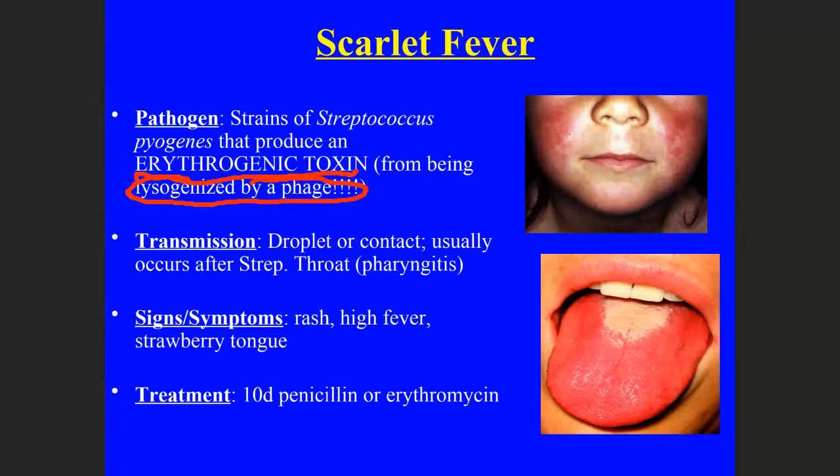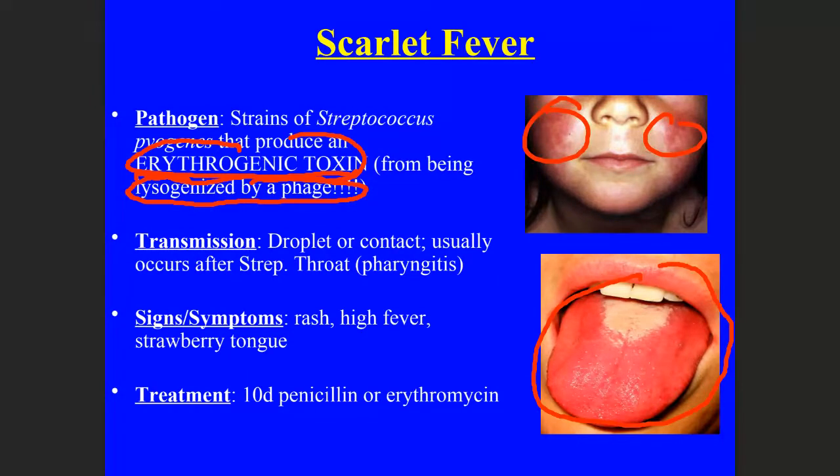Okay, it's still spread the same way through droplet transmission or fomites, and a lot of the initial symptoms are very similar. So coughing, fever, fatigue, pus pockets in the back of the throat. But what makes this one a little bit different is that the erythrogenic toxin can spread into the blood and into the skin and cause a bright red rash on the face and the chest, and what's called a strawberry tongue.